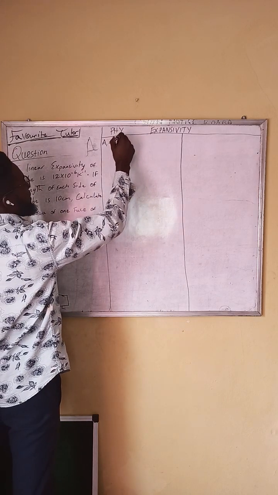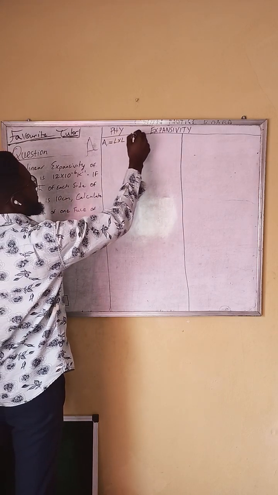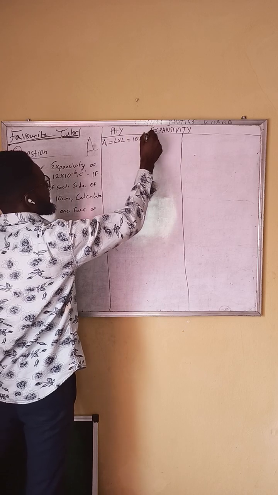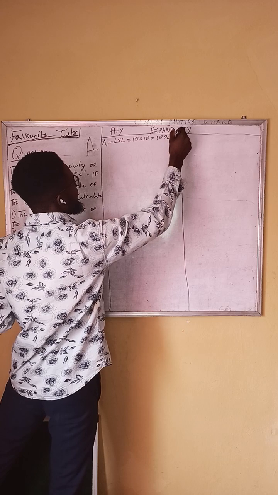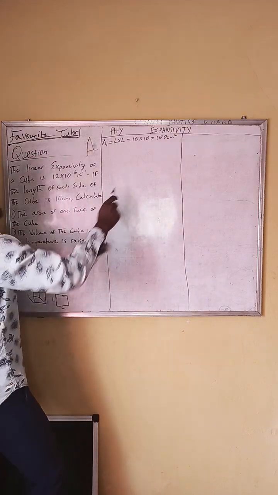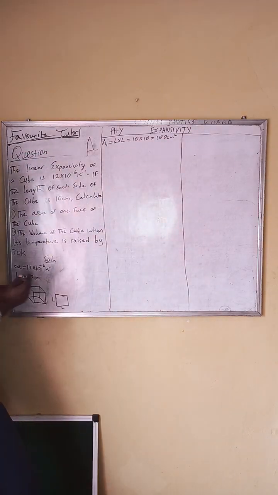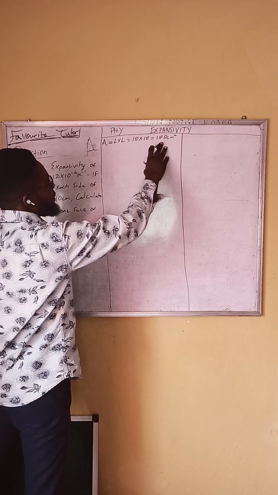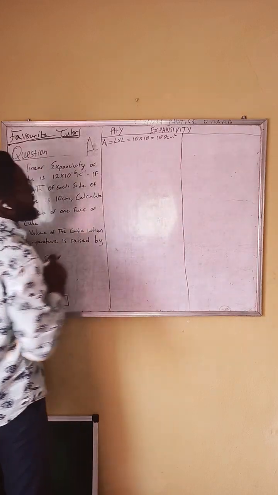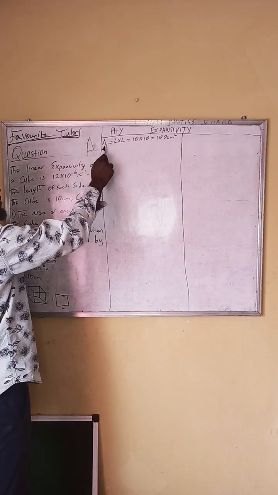So the area is 10 times 10, which equals 100 centimeter square. This is the area of one face of the cube before the temperature is raised by 30 Kelvin. So this is area 1.